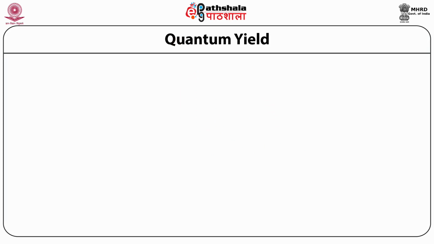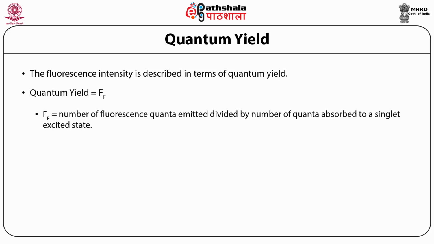We discuss the quantum yield. The fluorescence intensity is described in terms of quantum yield, which is denoted as phi f. Phi f is the number of fluorescence quanta emitted divided by the number of quanta absorbed to a singlet excited state, or it is also described as the ratio of photons emitted to photons absorbed.